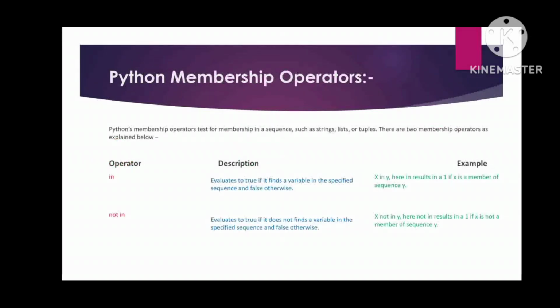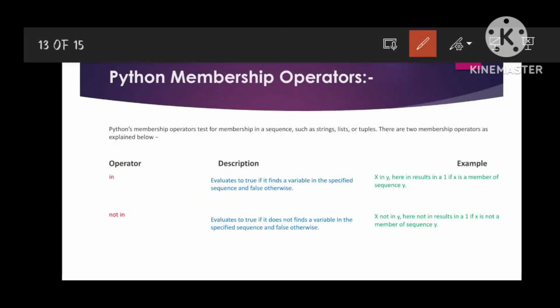Now we will see Python membership operators. Python membership operators test for membership in a sequence such as strings, lists or tuples, and there are two membership operators as explained below. The two operators are in and not in. The in operator evaluates to true if it finds a variable in the specified sequence, and false otherwise.